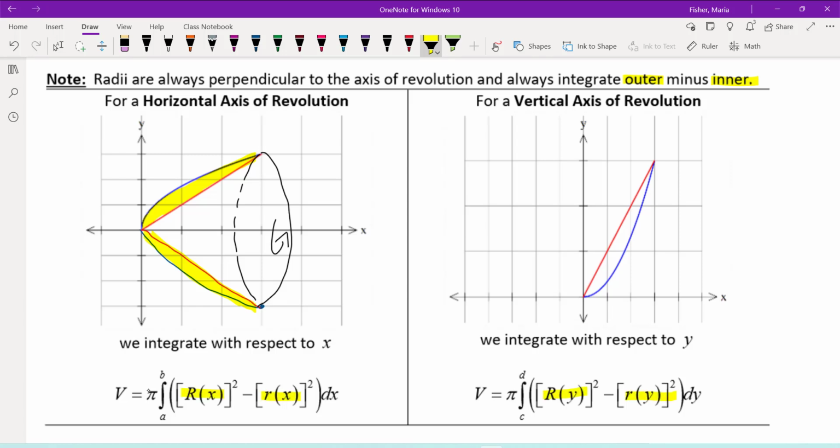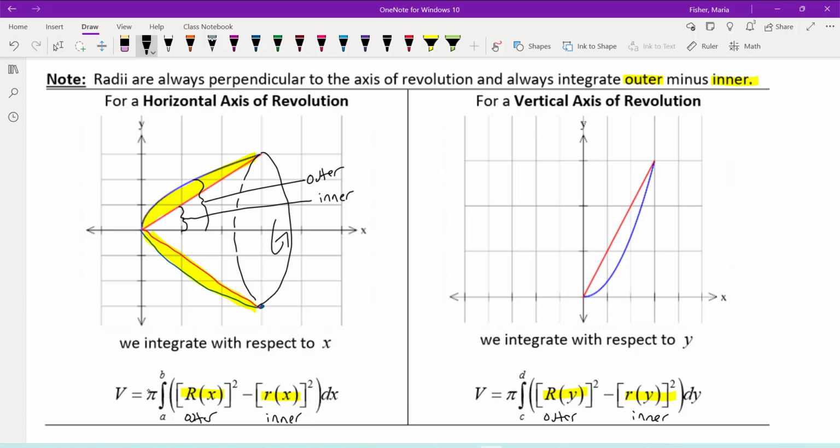Our outer radius is going to be the furthest we are in yellow from the axis of rotation, and your inner radius is the closest we are to the axis of rotation for our yellow area to the curve. We always integrate outer minus inner.